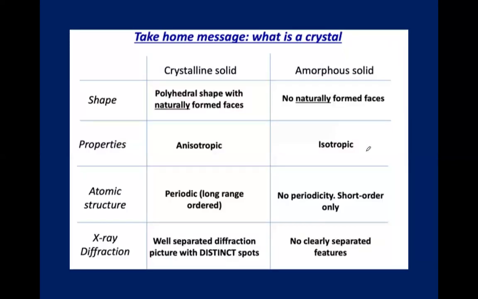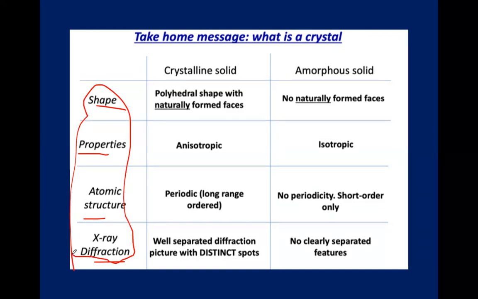Okay, we considered the shape and properties, atomic structure, and diffraction patterns of items. These are important if they have systematically definable properties. Then we can call them crystals, right?